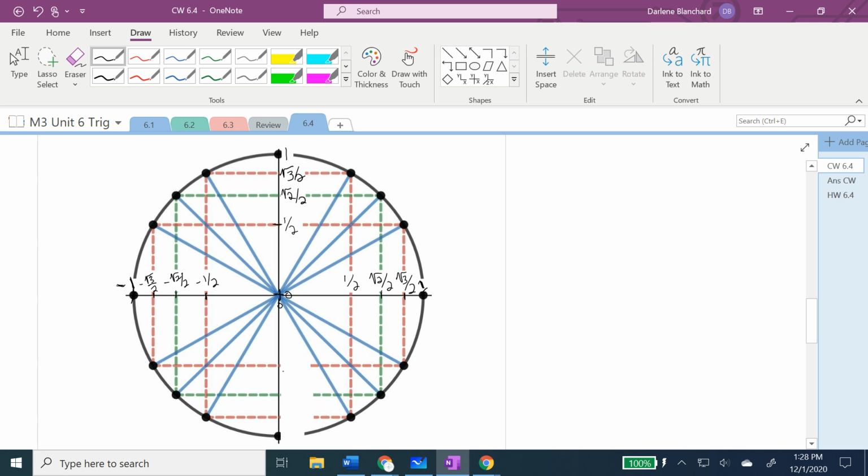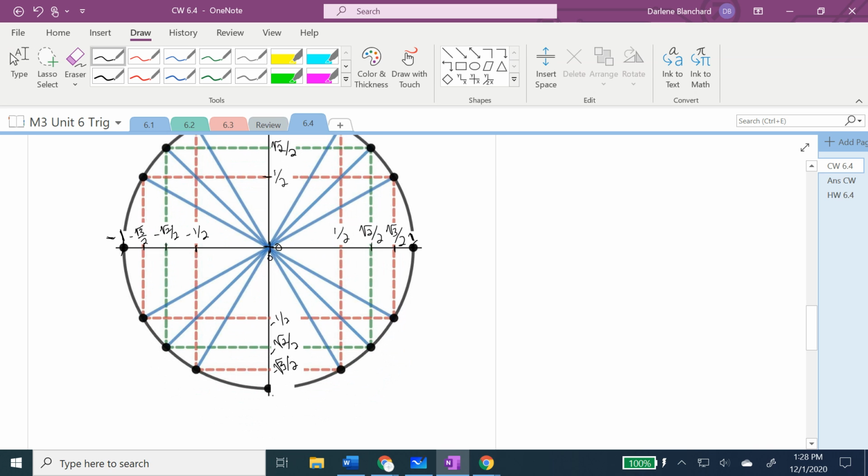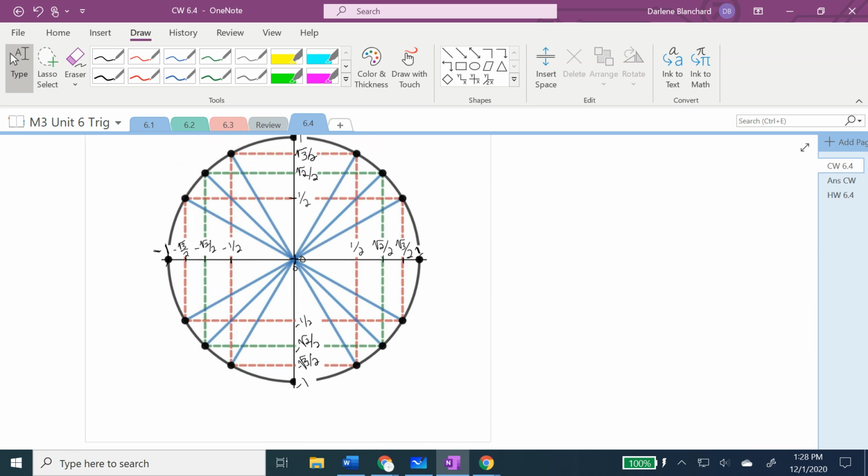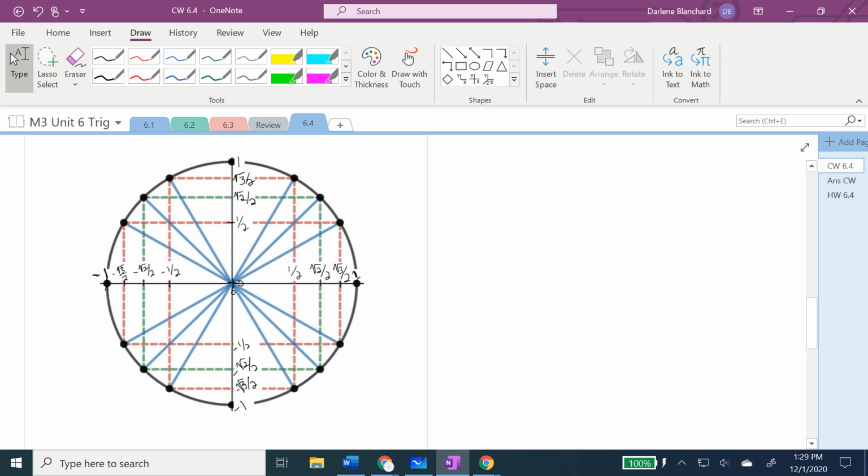So I get negative 1 over 2, negative root 2 over 2, negative root 3 over 2. And if I go all the way down to the bottom of the circle, negative 1. Now, that gives me all the xy coordinates of every one of these dots that I have on the circle.